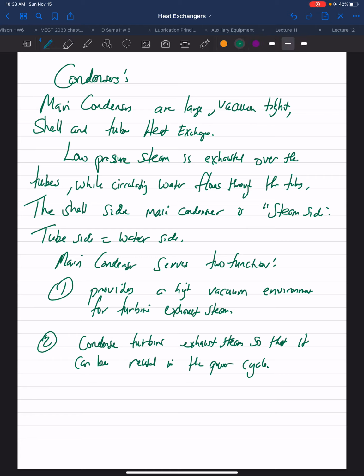In the main condenser, the cooling water can come from ocean, river, reservoir, etc.